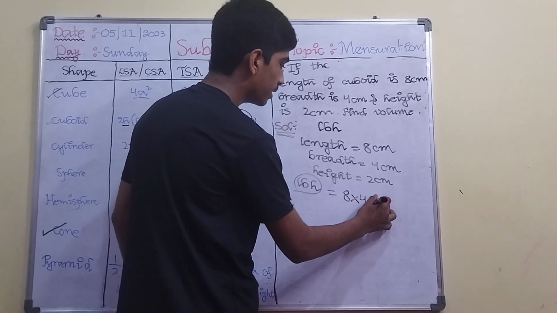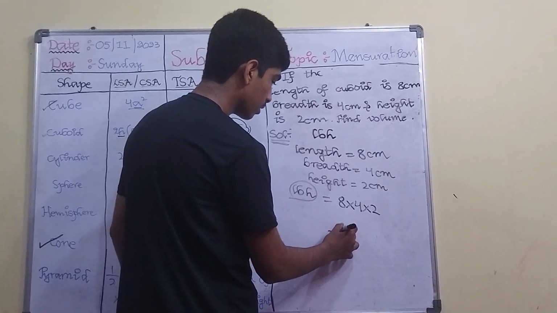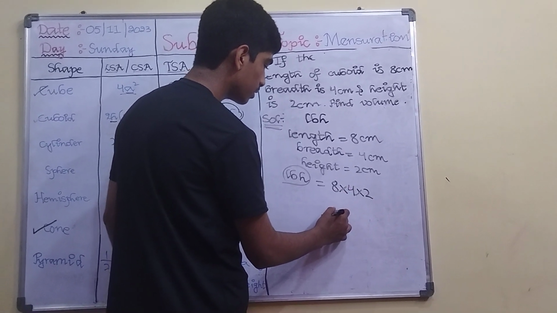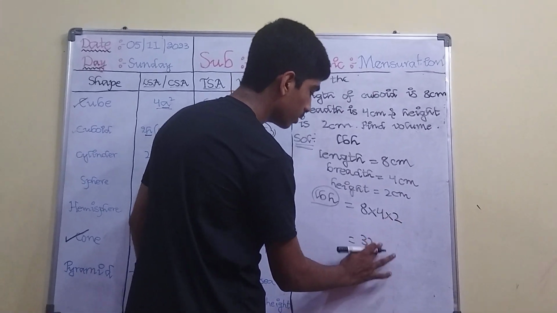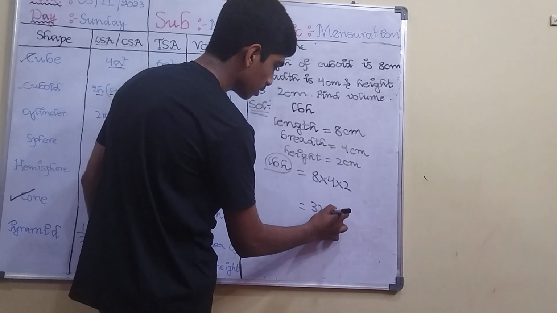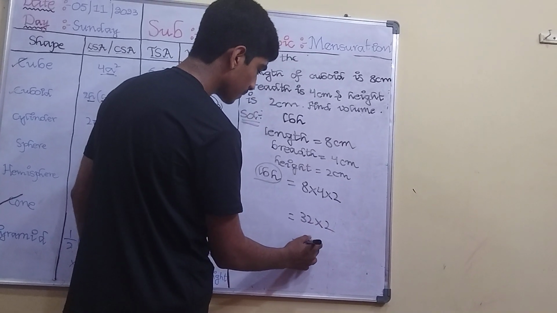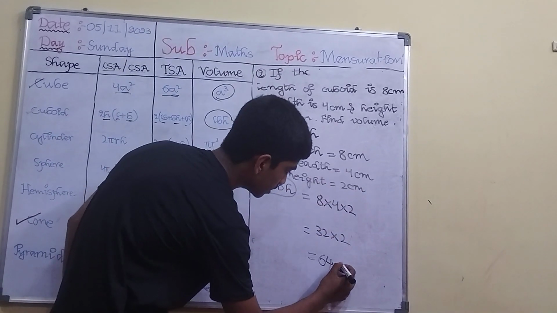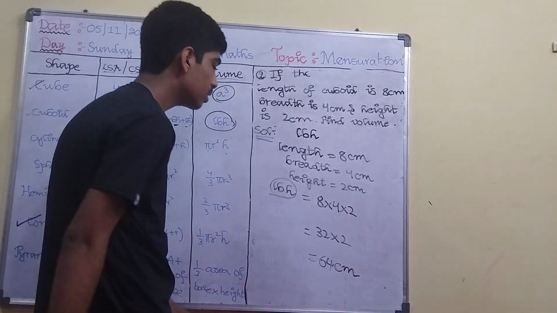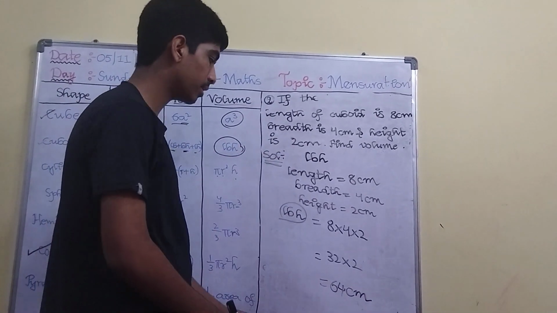What is height? 2. 8 into 4 into 2. 8 2s are 16. 8 4s are 8, 16, 24, 32. 32 into 2 is 64. 64 centimeters is given as unit. So the volume of the cuboid for the given question is 64 centimeters.